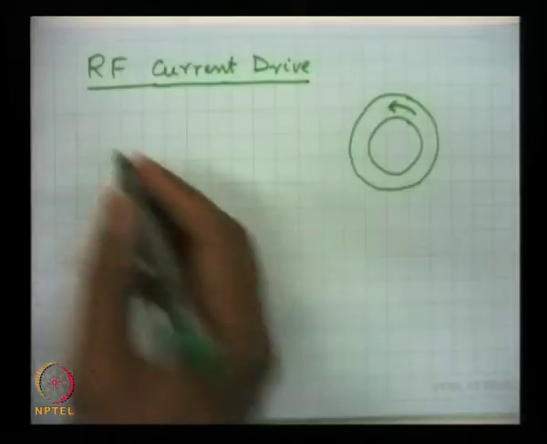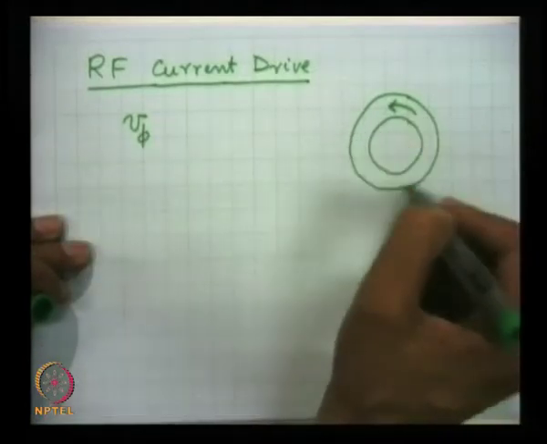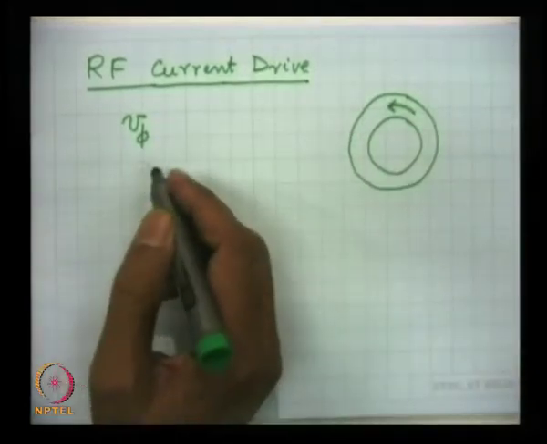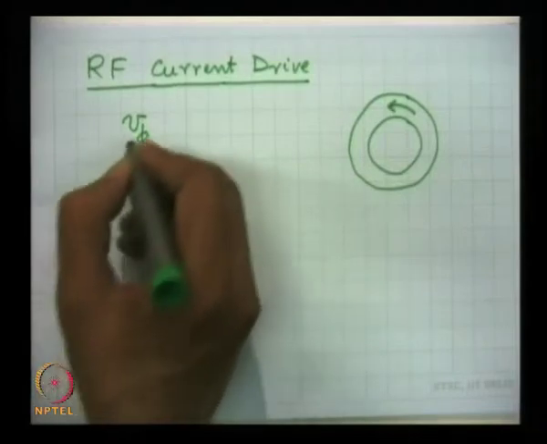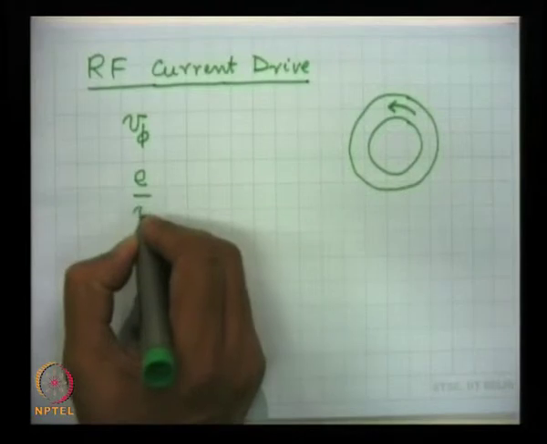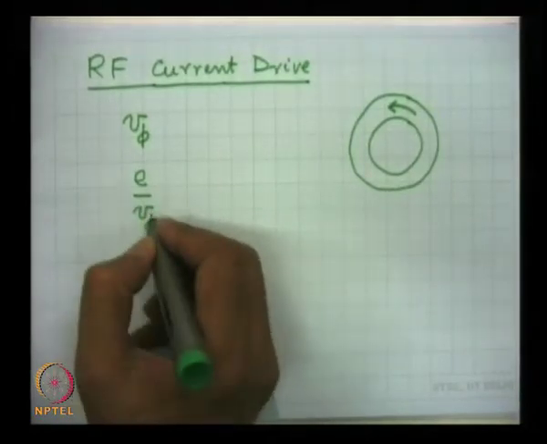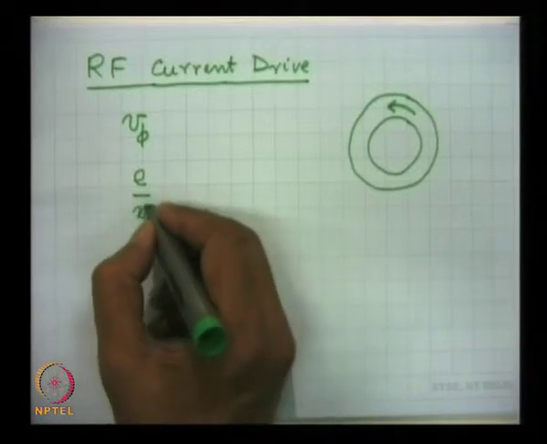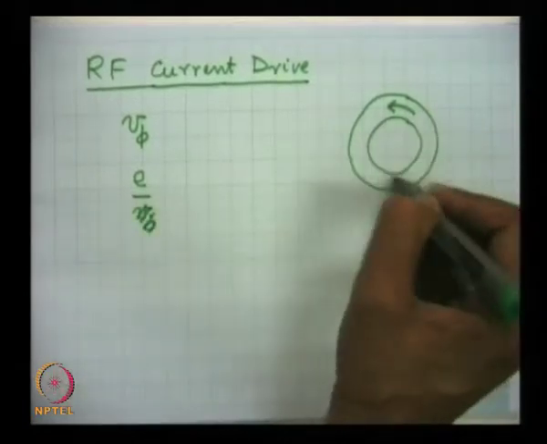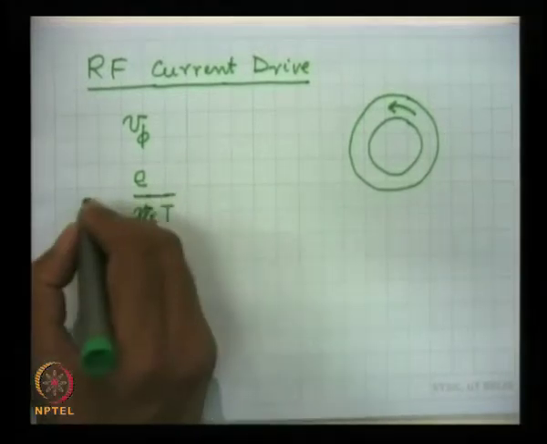The particles which gyrate, which rotate with the velocity v phi in the toroidal direction, this is called toroidal direction. Then a particle of charge E magnitude wise, covering one circle in time t will produce so much current in the system.